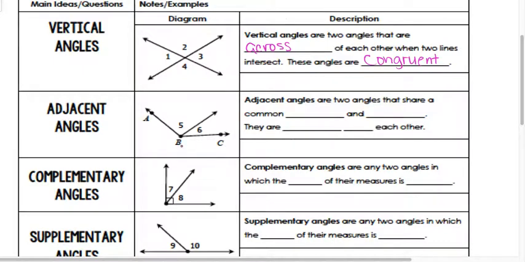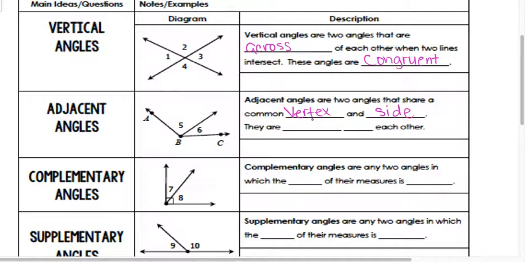Okay? The next term that we need to know is adjacent angles. Here's another diagram, and this time it is labeled the angle ABC, and then notice that within it we've bisected, and we've got an angle here, angle 5, and then we've got one here, angle 6. So adjacent angles are two angles that share a common vertex and side.